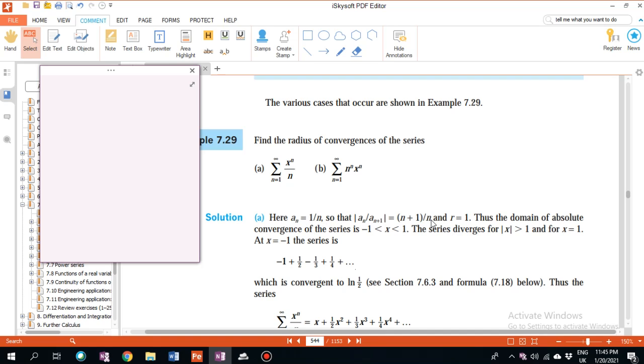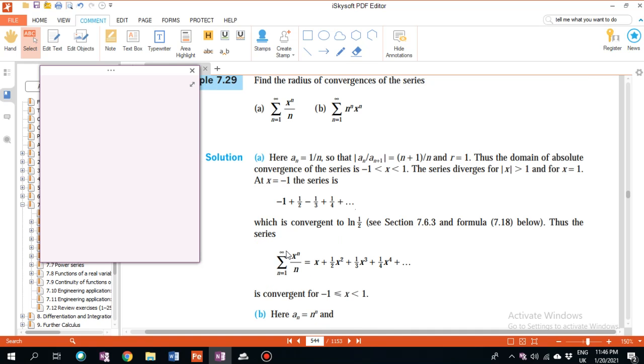So we get R equal to 1. So the domain is convergent because x is between 1 and -1. So the series diverges for the modulus of x bigger than 1.